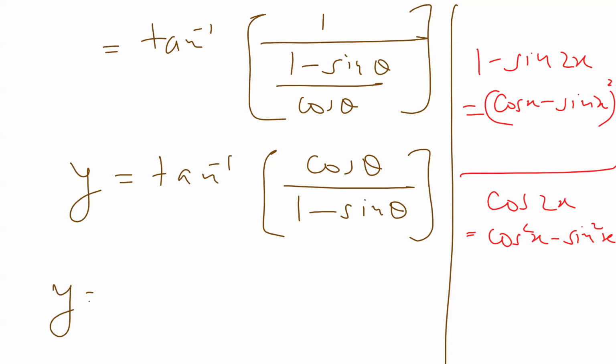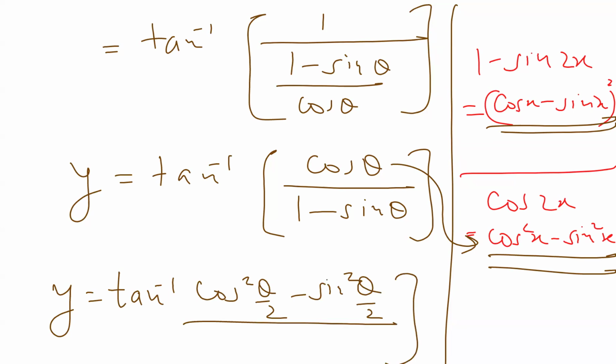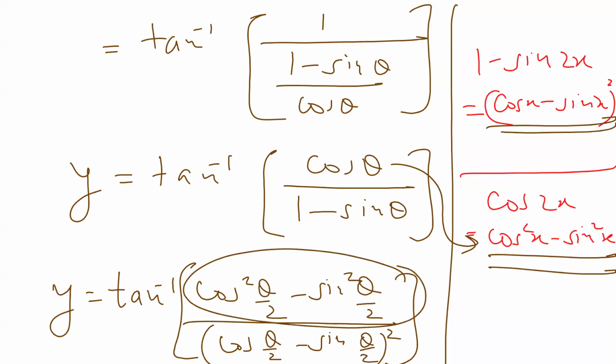So y is equal to tan inverse of cos square theta by 2 minus sin square theta by 2, because theta becomes theta by 2. And down it will be (cos theta by 2 minus sin theta by 2) the whole square. Now at the top you can use a square minus b square, and down (a minus b) the whole square.